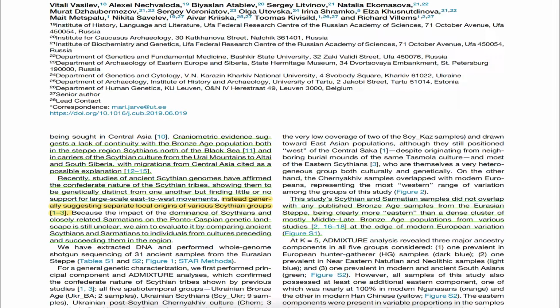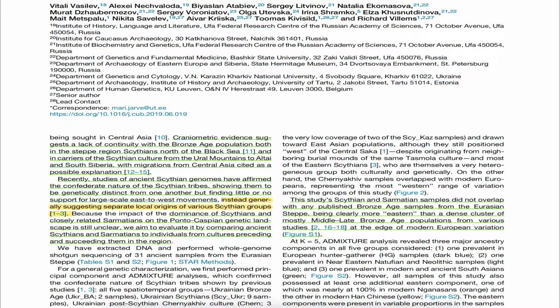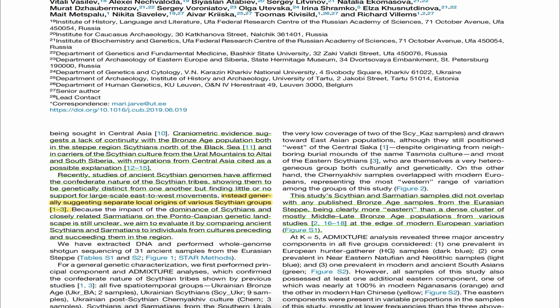Recently, studies of ancient Scythian genomes have affirmed the confederate nature of the Scythian tribes, showing them to be genetically distinct from one another but finding little or no support for large-scale east to west movements. Instead, generally suggesting separate local origins of various Scythian groups.